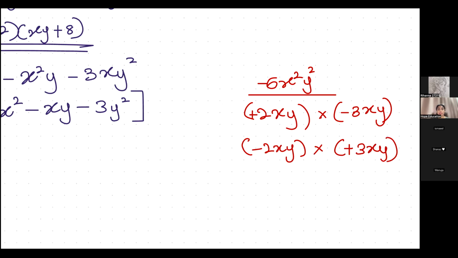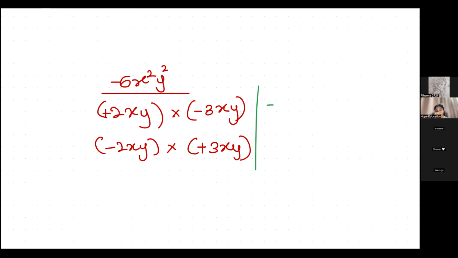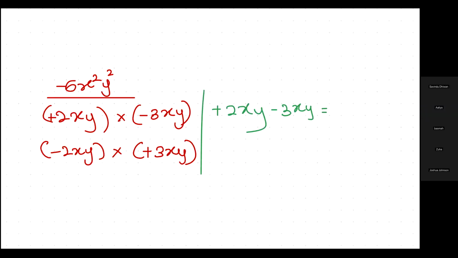Now we have to add, no? Plus 2xy minus 3xy, we get minus 1xy. Right? We get minus 1xy. Minus 1xy is just minus xy, right? Here, minus 2xy plus 3xy, we get plus 1xy or just plus xy.